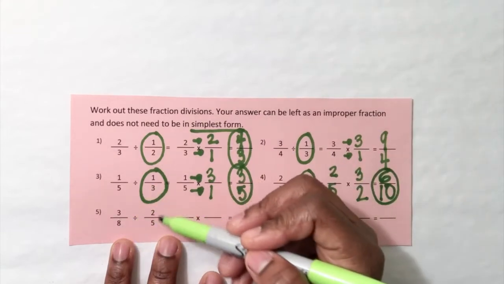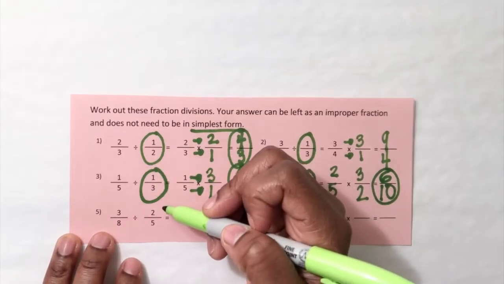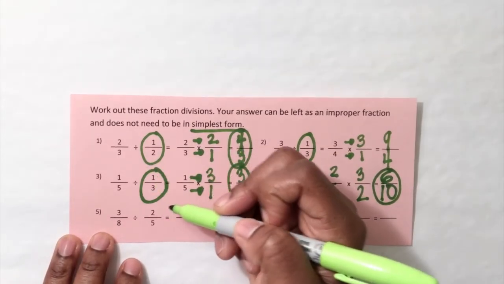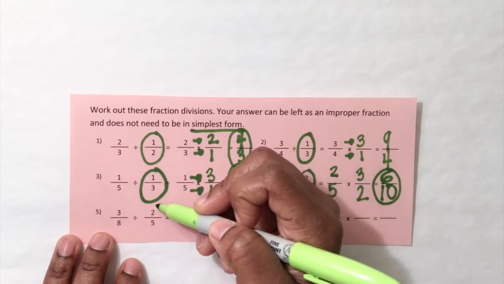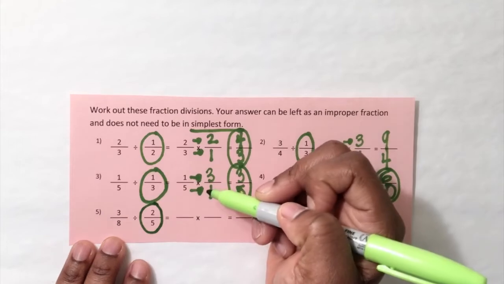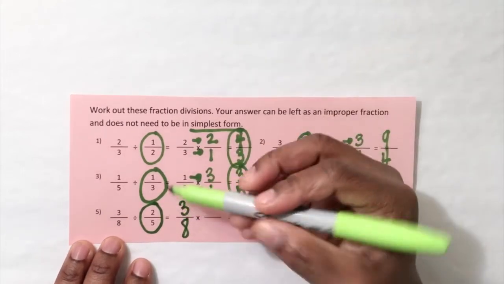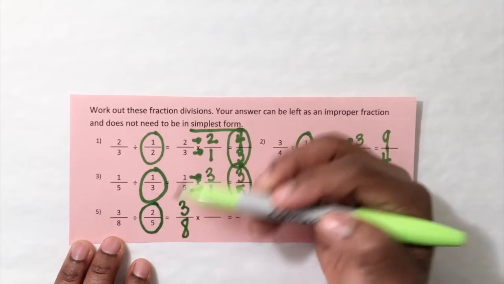3/8 divided by 2/5. Where is our last guy? Which number are we going to find the reciprocal of? 2/5. So I'm going to keep my first fraction, which is 3/8. Find the reciprocal of 2/5.